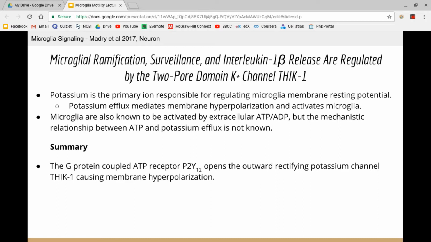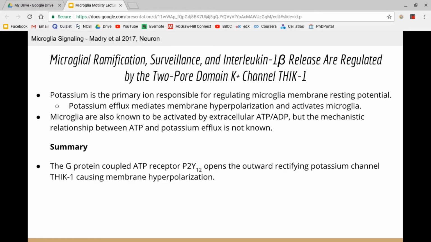P2Y is the class, and there are 12 specific homologs. These P2Y12 receptors activate THIK1, outward rectifying potassium channels, meaning potassium flows out of the cell. They mediate the potassium efflux.